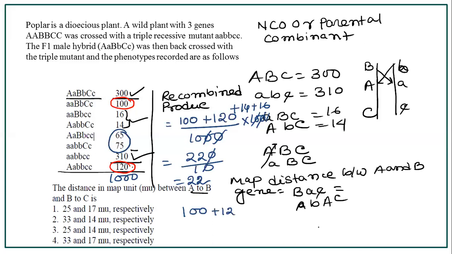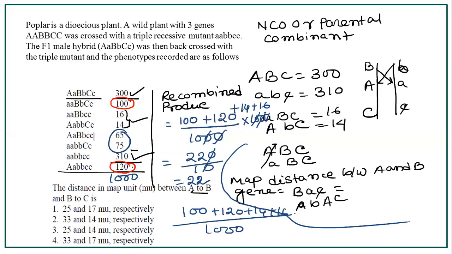So the map distance will be 120 plus 14 plus 16 by 1000 into 100. So here we will get 250 by 1000 into 100. Now we'll get 25. So 25 map unit is the answer. So that is the 25 you got.